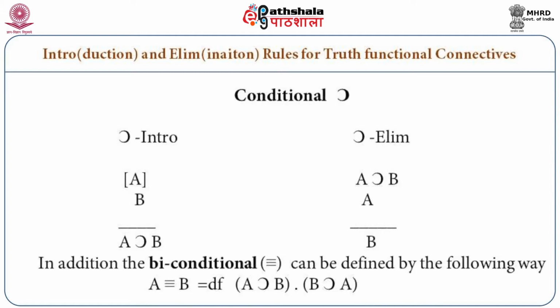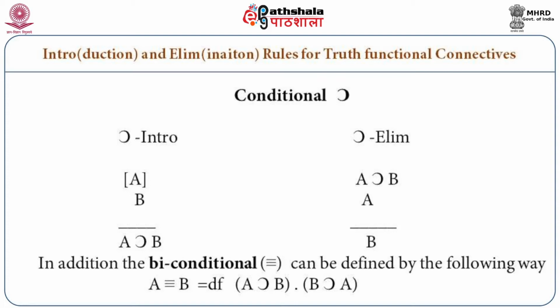Now let us come to the conditional, or so-called implication. I'm going to introduce implication. Let us suppose that there is a sentence A and it is true. Based on this supposition, we derive a sentence B. Then we can infer the conclusion A implies B. The other is the elimination of the conditional connective.